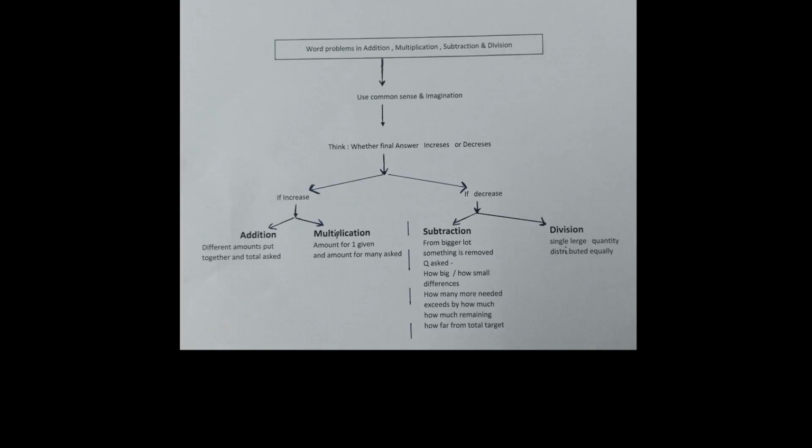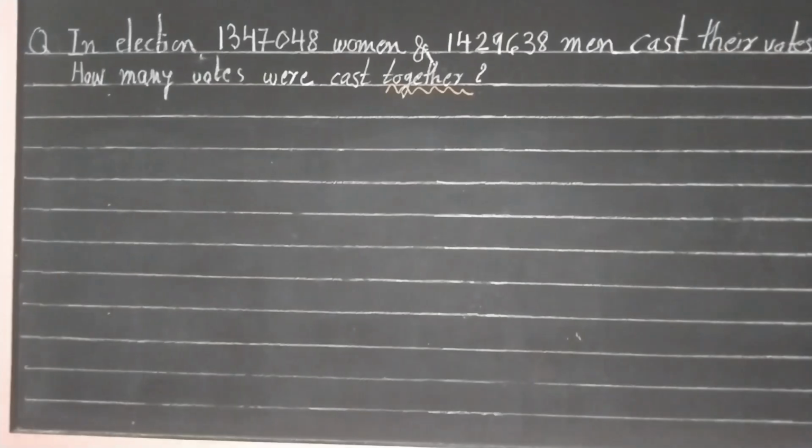Moreover, Rani, in subtraction, usually the question ends with how big, how small, or give the difference, or how many more needed, exceeds by how much, how much is remaining, how far we are from total target. All these questions indicate this is a case of subtraction.